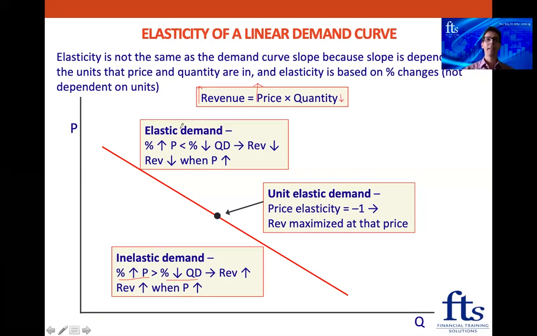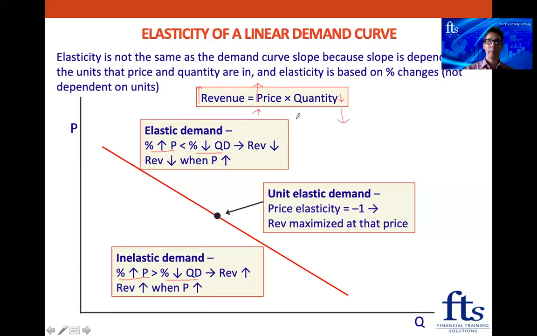But if we have elastic demand, it's actually not good news if we increase price. Why? Because the percentage increase in price is actually less than the percentage decrease in quantity demanded. So if we draw a small arrow now like this, the price is going up. That's the good news. We're charging a high price. But the bad news now is that quantity demanded is falling a lot if we have elastic demand.